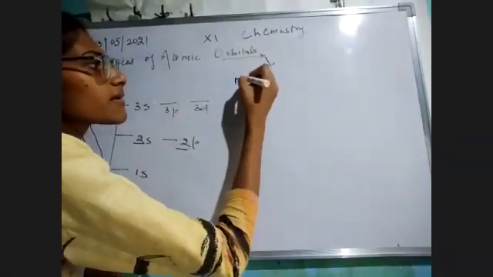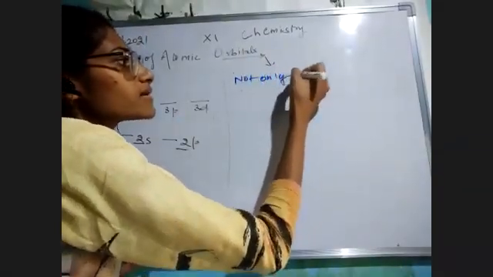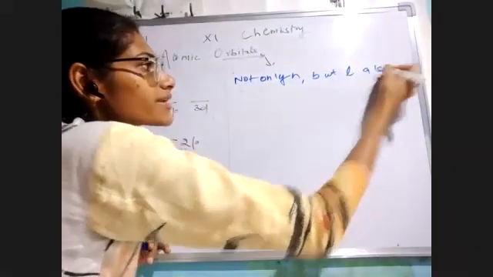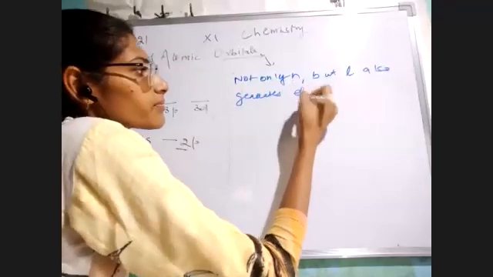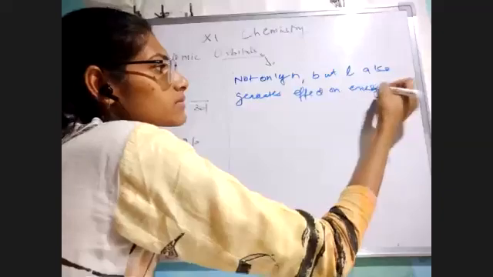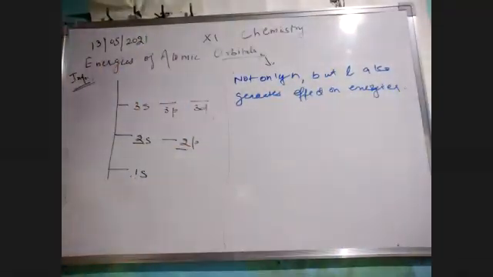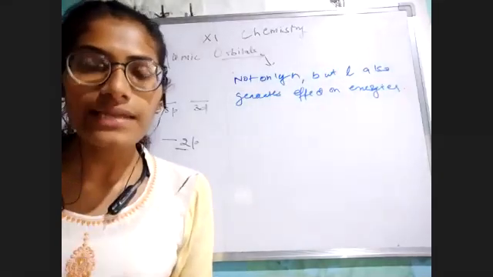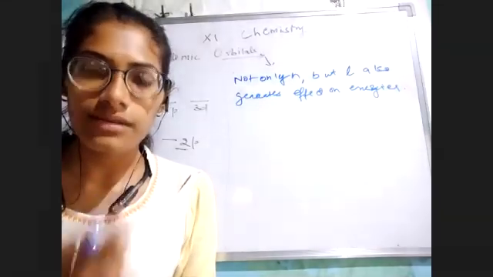We are saying that not only N, but L also generates some effect on energy. क्या बोल रही हूँ मैं? I'm saying not only N, but also the L is dependent on the energies of atomic orbital.